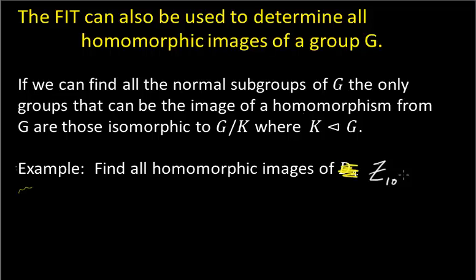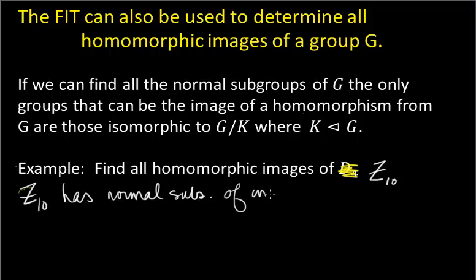So we want to find all the homomorphic images, all of the groups that could be the images of a homomorphism from Z10. Well, we need to know what its normal subgroups are. Z10 has normal subgroups, they're all normal because it's abelian, of indices the divisors of 10: 1, 2, 5, and 10.